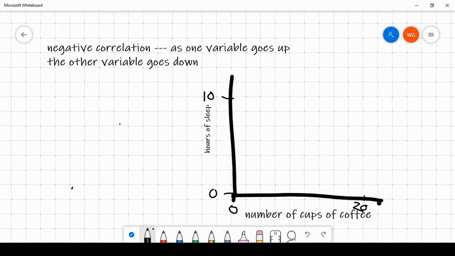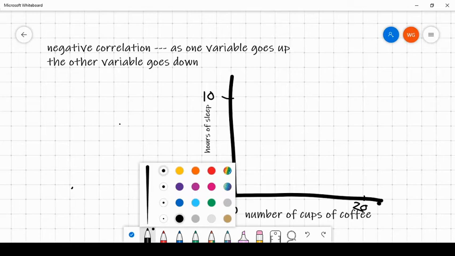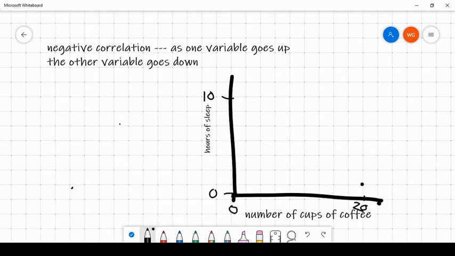And so what kind of observations may we see? Do you think that the person who did have 20 cups of coffee, if that person is actually out there and existed, that they would get much sleep? I'd hazard a guess and probably say no, right? But the person who had 0 cups of coffee might get a lot of sleep. So we would put somebody up here. What we would find is something like this.